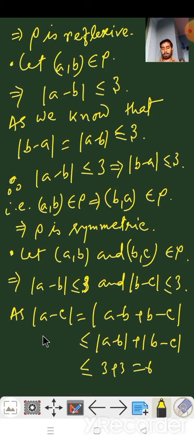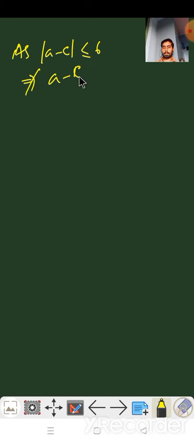That is, the modulus of a minus c is less than or equal to 6, but this is not necessarily less than or equal to 3, as the modulus of a minus c being less than or equal to 6 does not imply that it is less than or equal to 3.